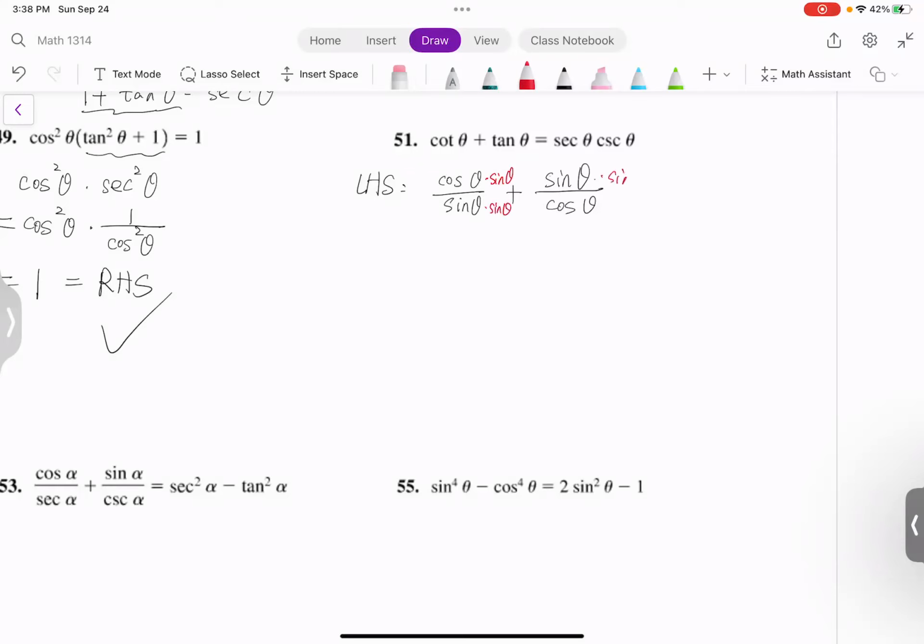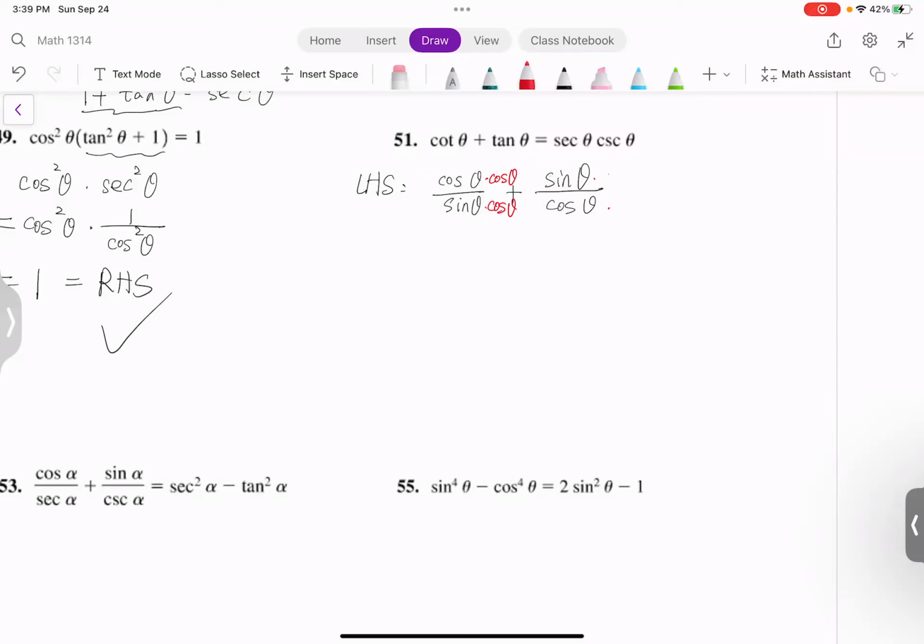Oh, sorry, why am I doing this? I made a mistake. Let's multiply by cosine theta, top and bottom, because the lowest common denominator is sine times cosine.